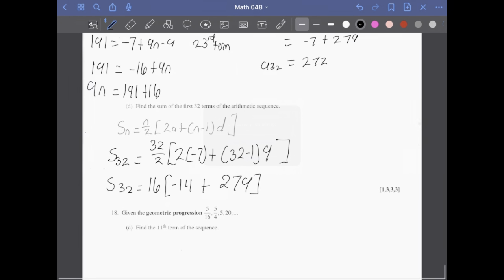So S32 is equal to 16 times, 279 minus 14 is 265. So S32 is equal to 4,240.